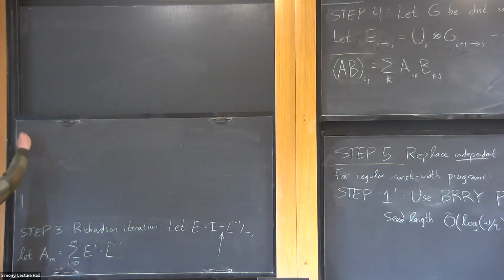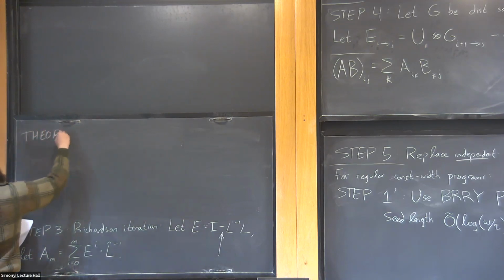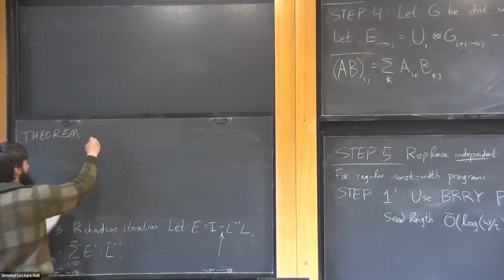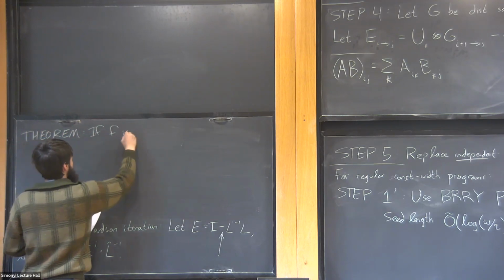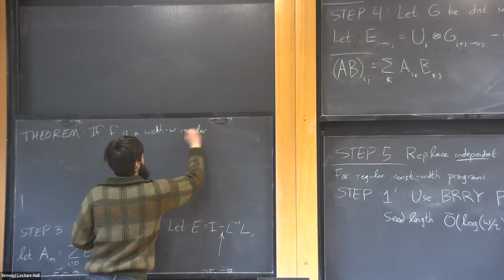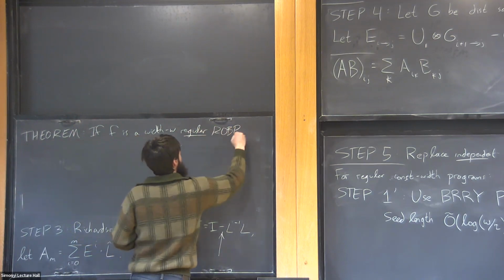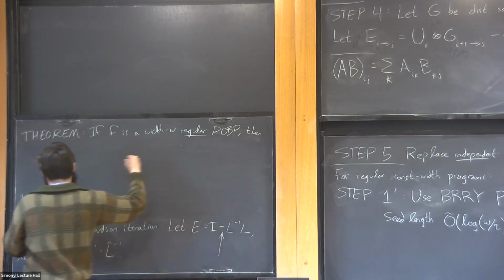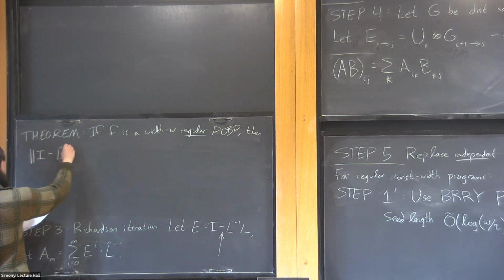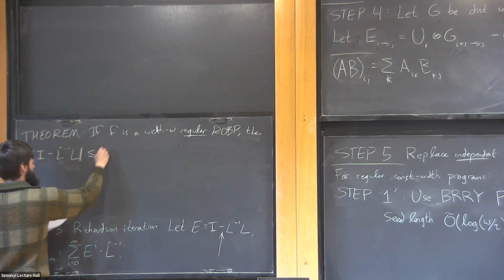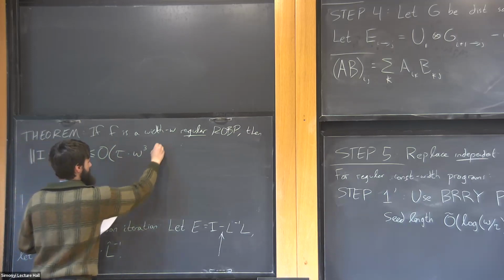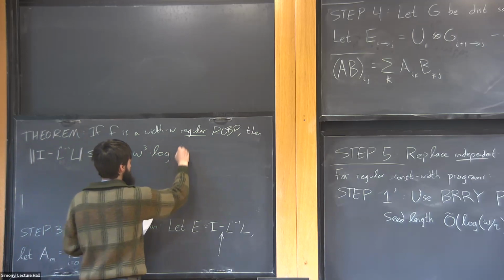Okay, but the theorem is, and this is the theorem that uses regularity: if f is a W regular program, then with this definition, we have the identity minus L hat inverse L bounded, instead of by tau times n, by tau times W cubed times log n, exactly as you said.